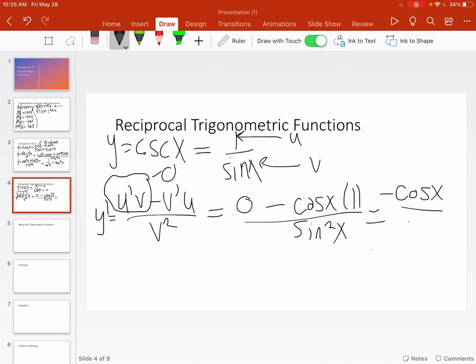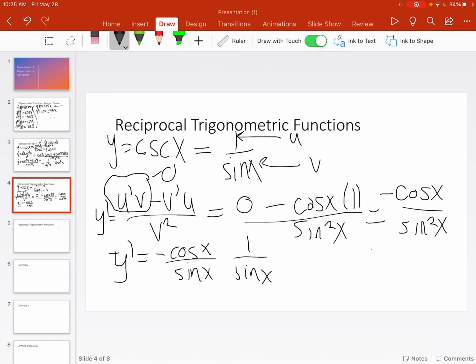Well, what am I left with? Well, I'm left with this. We're not done yet. So we have to finish this. We've got to simplify it. Again, your trig identities come into a lot of play here.